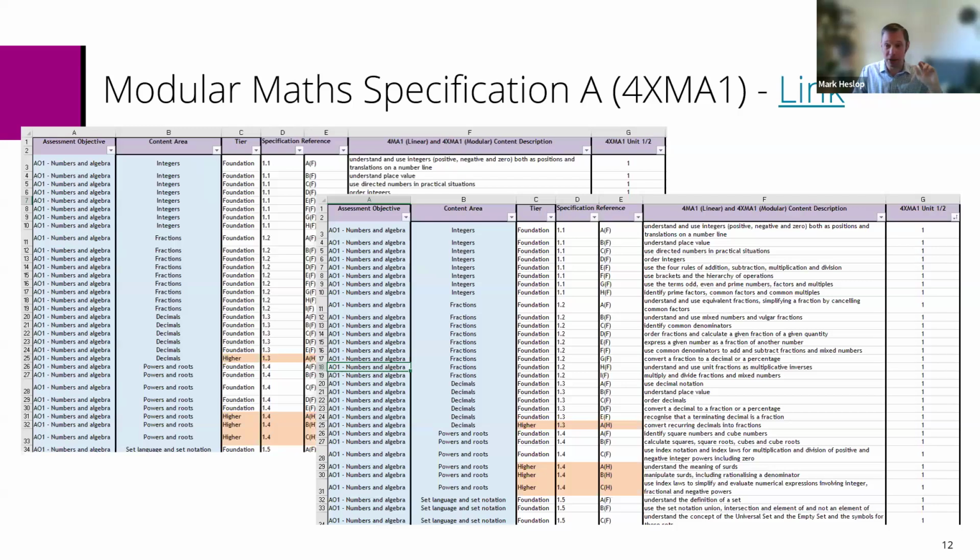I've seen where those are using this mapping spreadsheet, just to make it as easy as possible for you to transfer your schemes of work between a modular and a linear format. I hope that makes sense. That might explain why you sometimes see gaps in the Unit 1 specification references. Like I say, we've tried to be as sensible about this as we possibly can, but some of it takes a little bit of explanation.